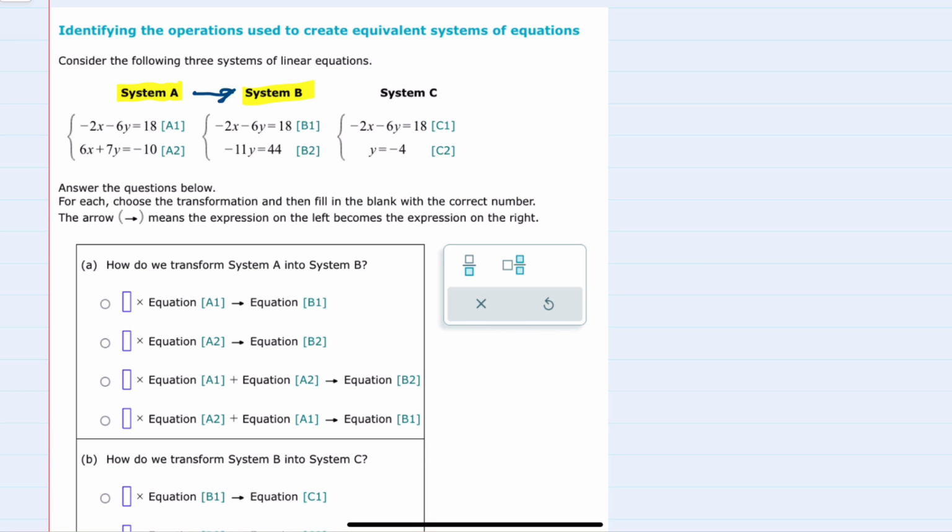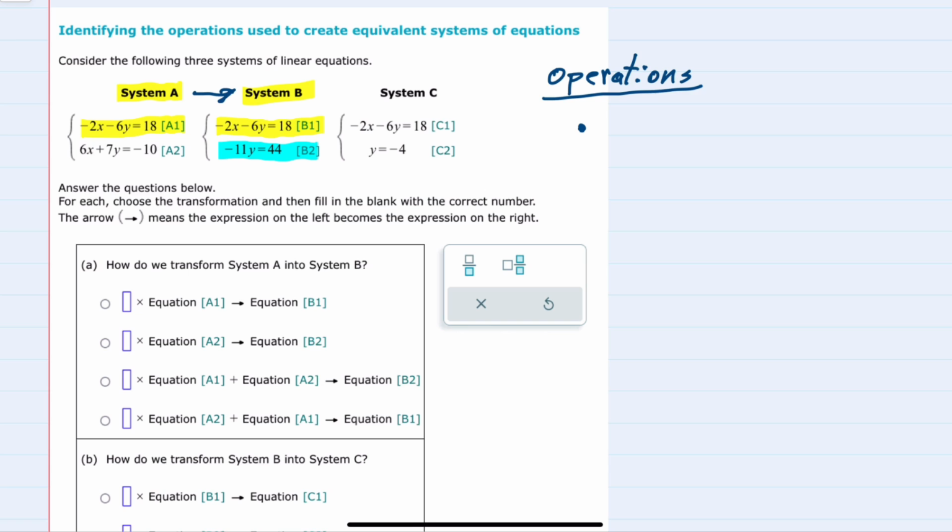So comparing these two systems, the first thing I notice is that A1, the first equation in System A, and B1, the first equation in System B, are exactly the same. So our transformation here will be limited to what we need to do to get that second equation in System B. And we have two tools that we can use.